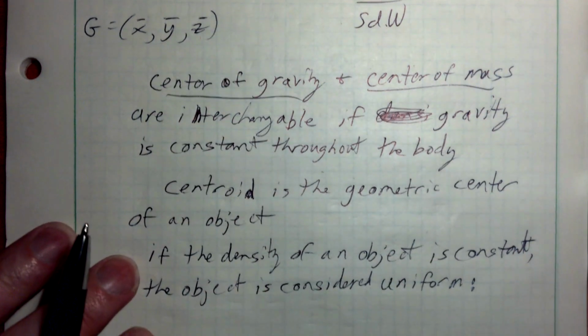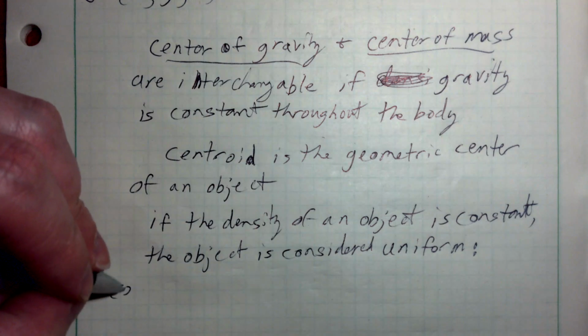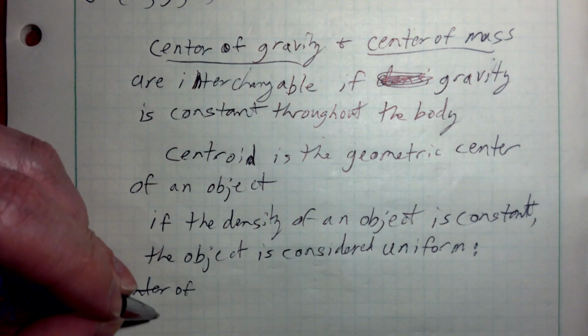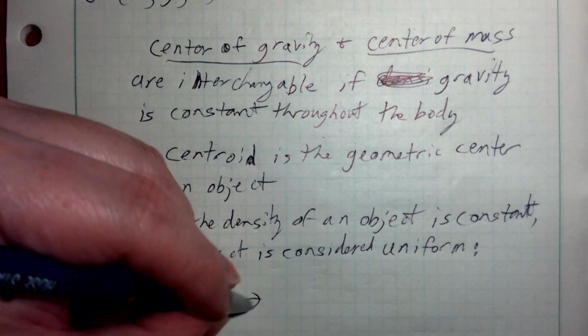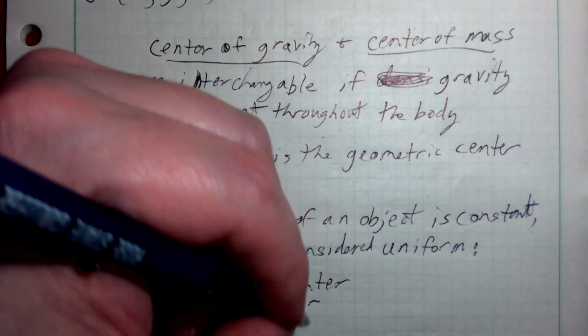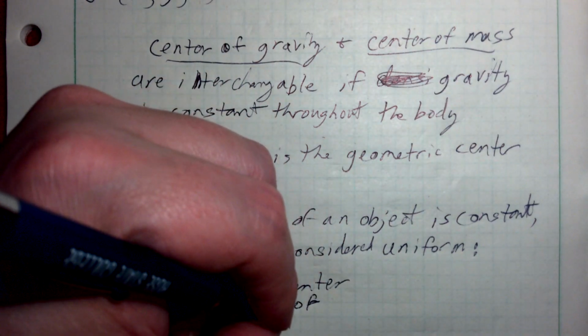And if the object is uniform, what that means is that the center of gravity, as long as gravity is constant, is interchangeable with the center of mass. Again, anything we're going to deal with here, center of gravity and center of mass are interchangeable.